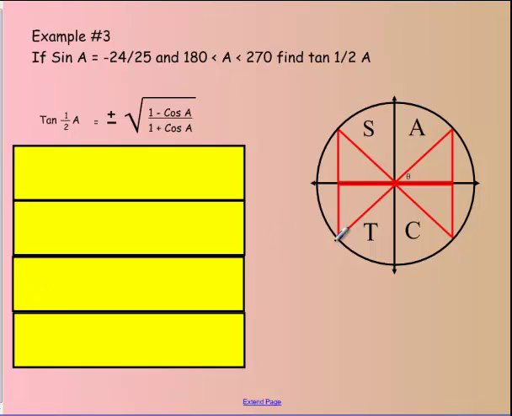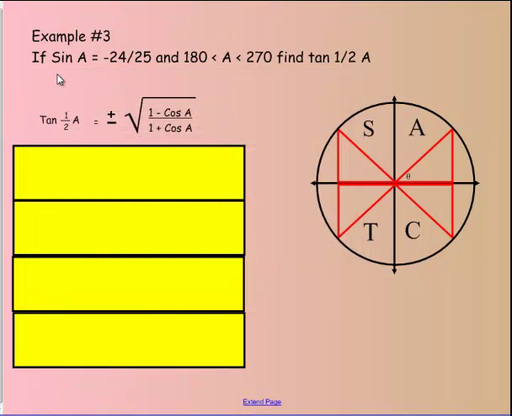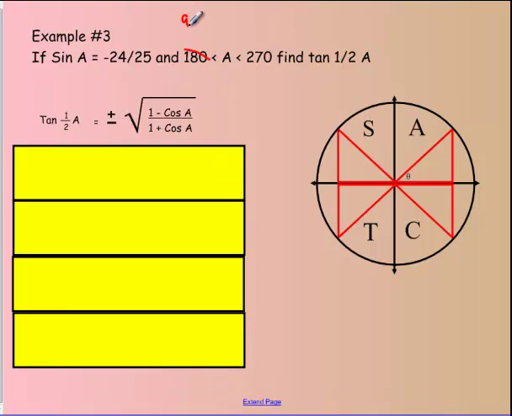Let's try one more. This says the sine of an angle is negative 24 over 25. And again, we're starting off in quadrant 3. Well, since I'm going to do half angle, I'm going to divide this by 2, divide this by 2, and divide this by 2, and once again we ended up in quadrant 2.